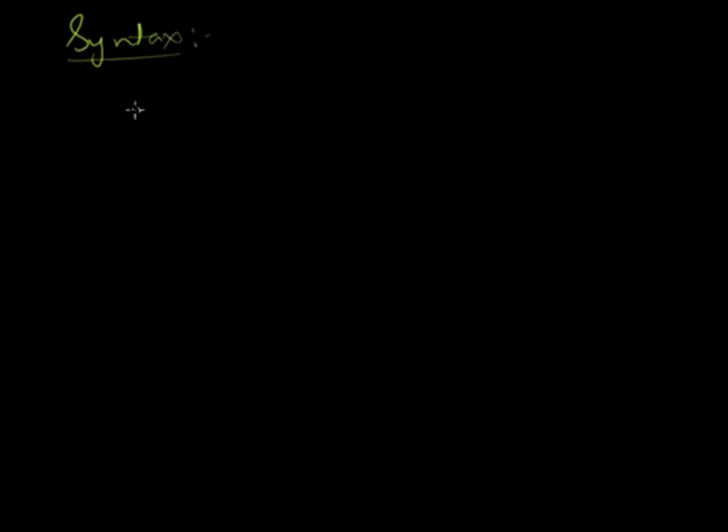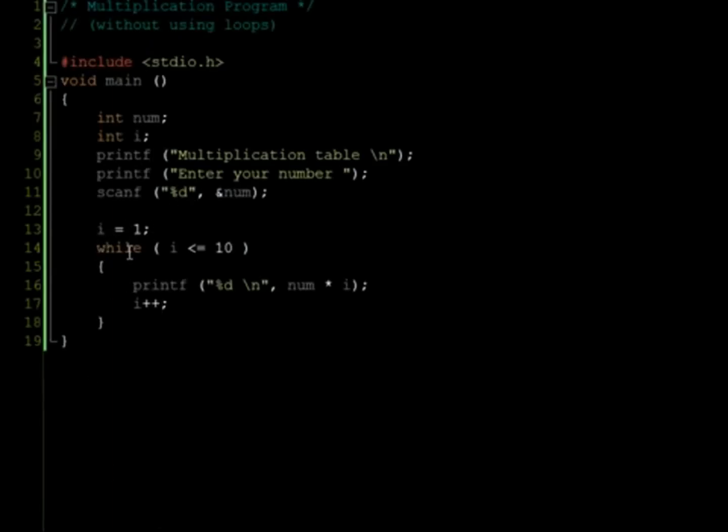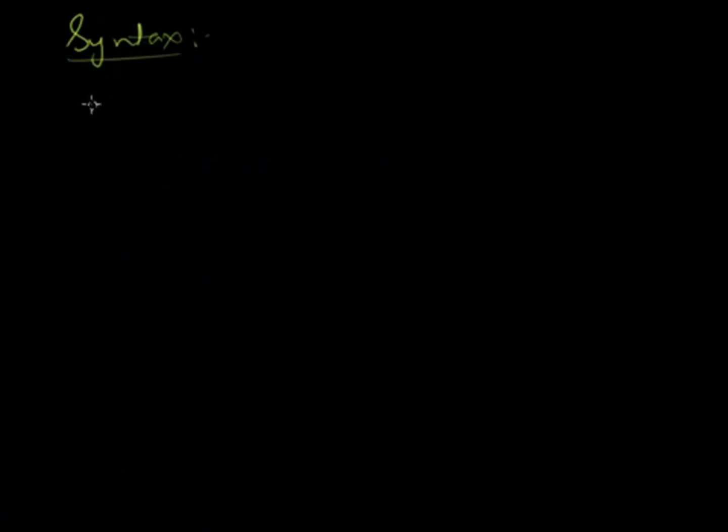Let us now see the syntax of the while loop. What we had was a single while. Right here we had while, then a condition, and then statements. So we had while, and inside this we had conditions.